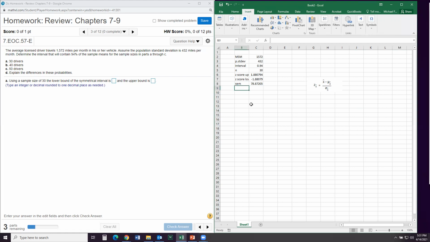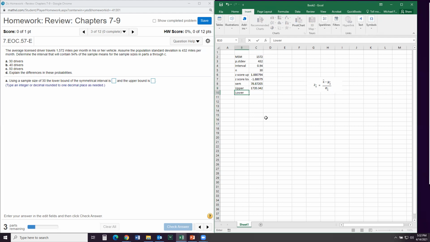Okay, so for my upper bound, I'm going to say this equals my z-score of the upper times my standard error of the mean plus my mean of the sample means. And that will be my x bar of my upper.